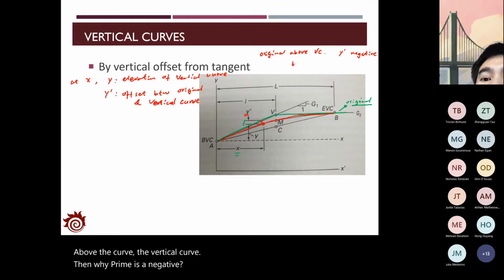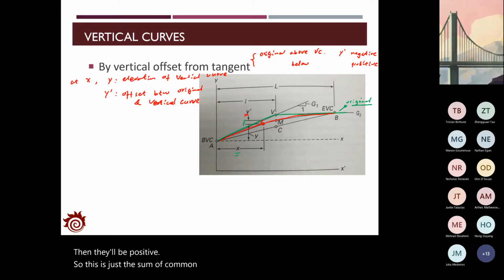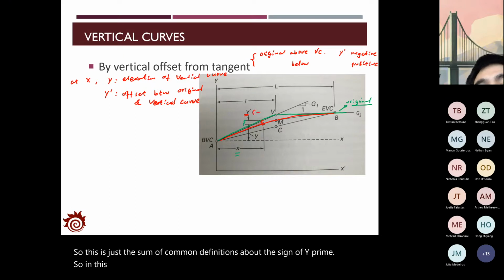If it's below, then that'll be positive. So this is just some common definitions about the sign of y prime. So in this figure, y prime would be negative.